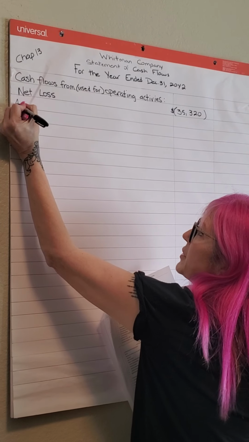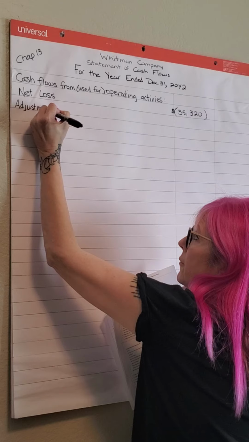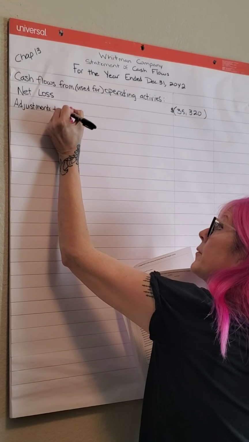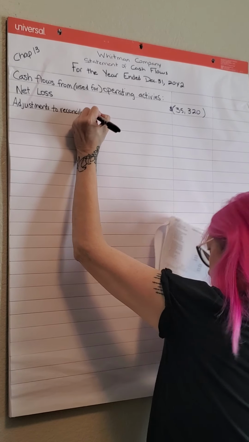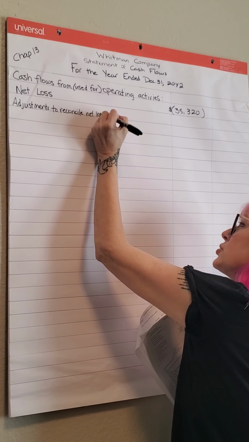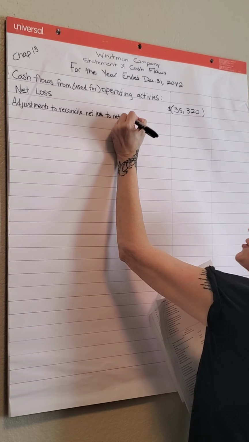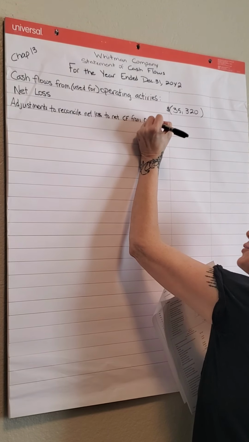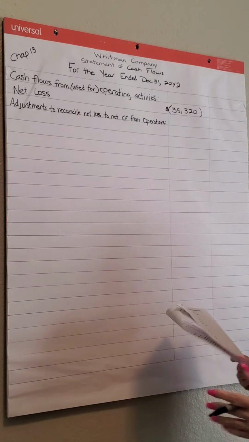So it's adjustments to reconcile net loss to net cash flow from operations, because I'm going to run out of space here. So I'm going to put that there.